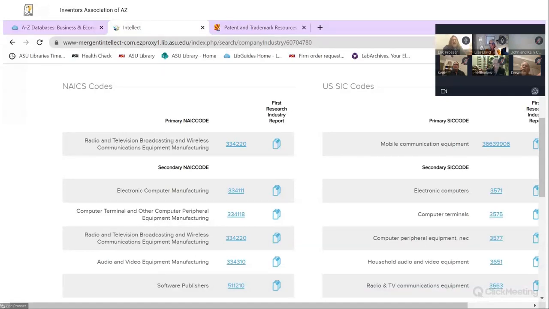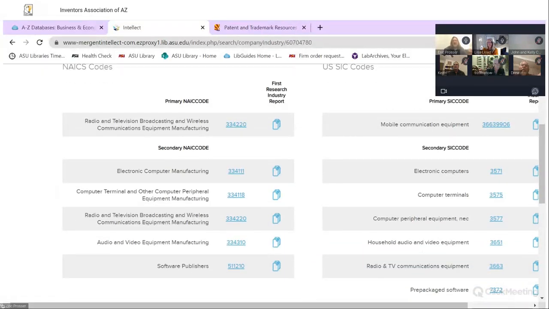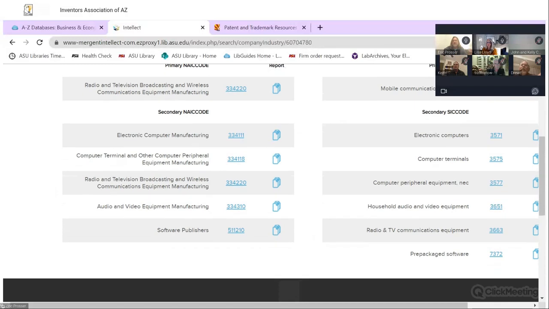What this is showing us is where Apple is primarily classified. But as we know, Apple has their hands everywhere, and so they have a number of other industries that they are involved in. There's also a secondary.